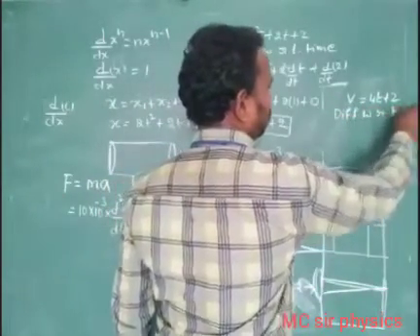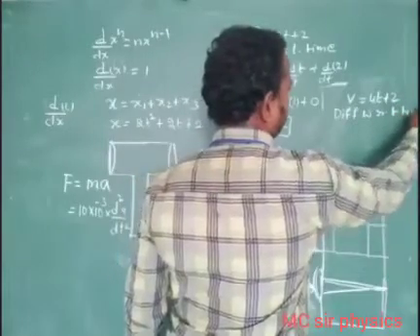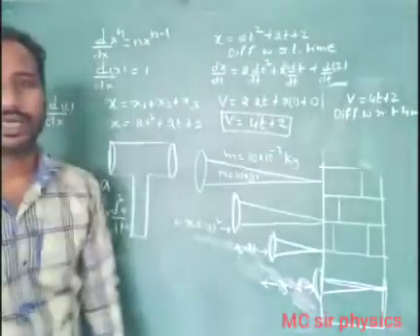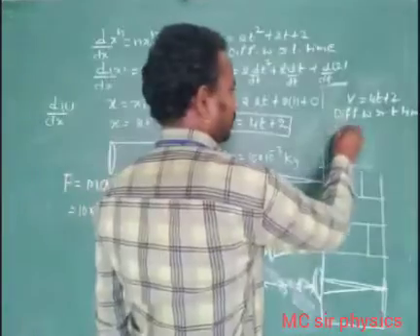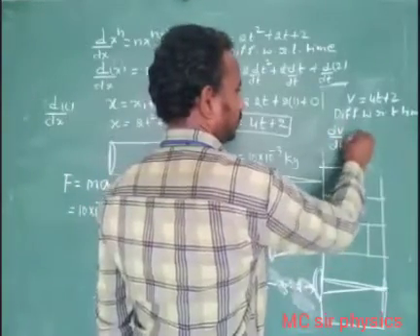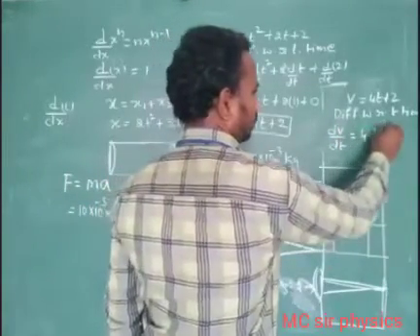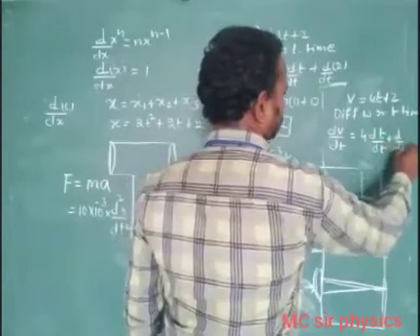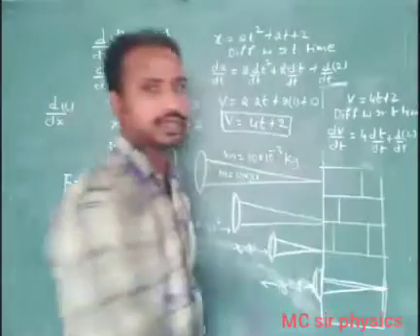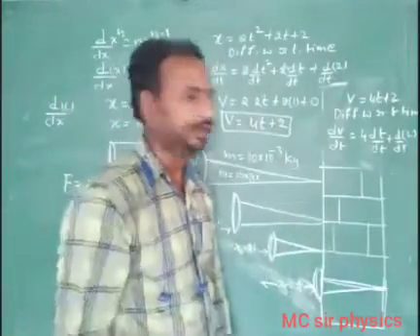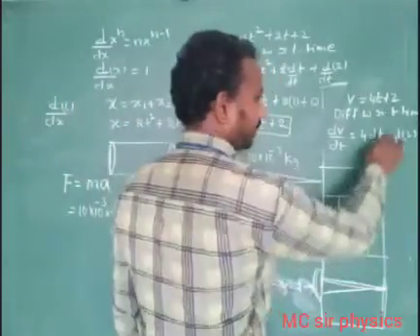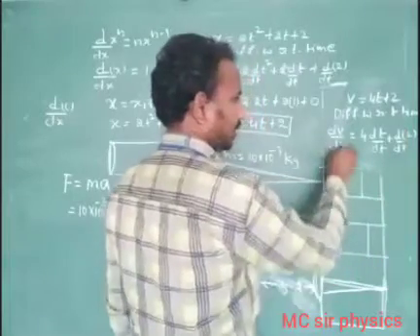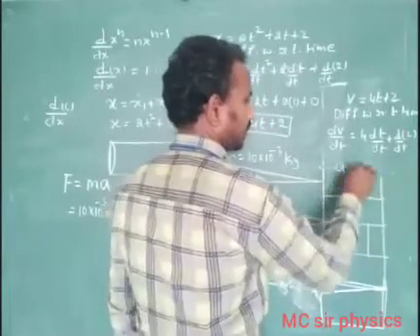Acceleration is dv by dt, which is 4 times d by dt of t plus d by dt of 2. The d by dt of a constant is 0, and d by dt of t is 1. The rate of change of velocity is called acceleration.